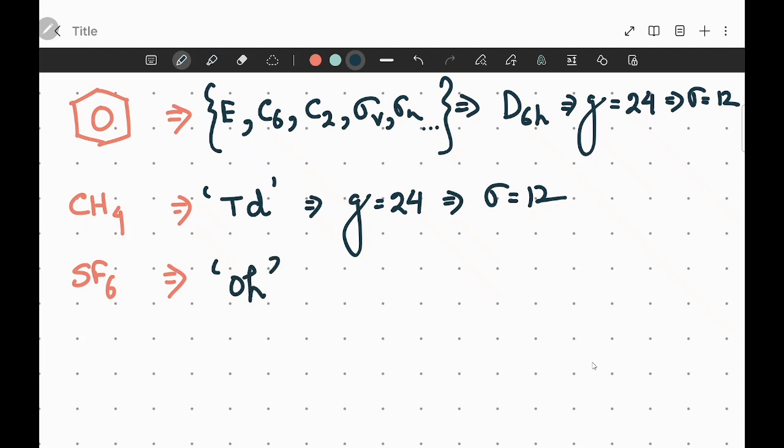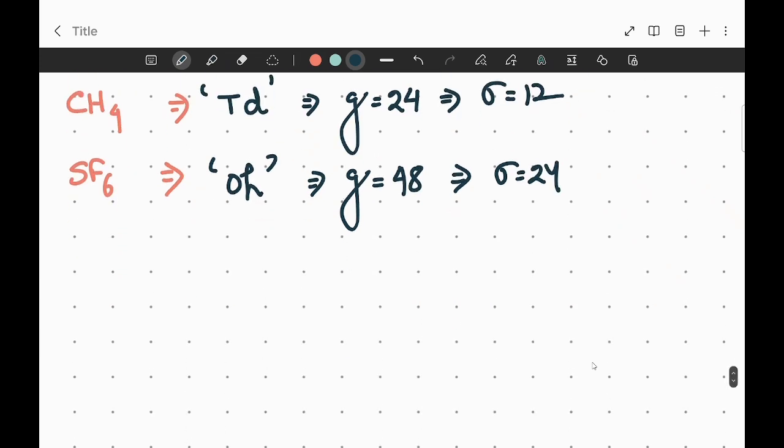And what is the number of symmetry elements here? I think 48. Yes, 48. It will be 24 for sigma. If you have any group theory book, you can check the symmetry elements, or you can calculate them even when studying group theory, for the tetrahedral and octahedral point groups.